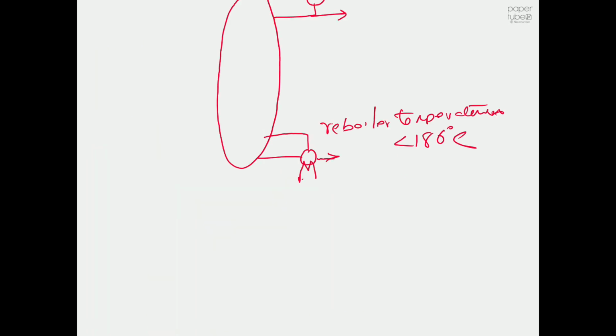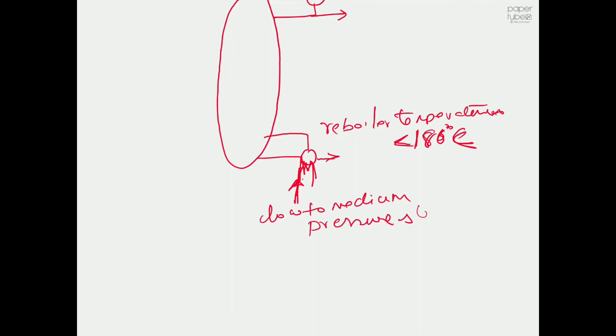Let me draw it, then I can explain a bit. In order to create this 186 degrees centigrade, or typically less than 180 degrees centigrade, we can simply use a low to medium pressure steam.